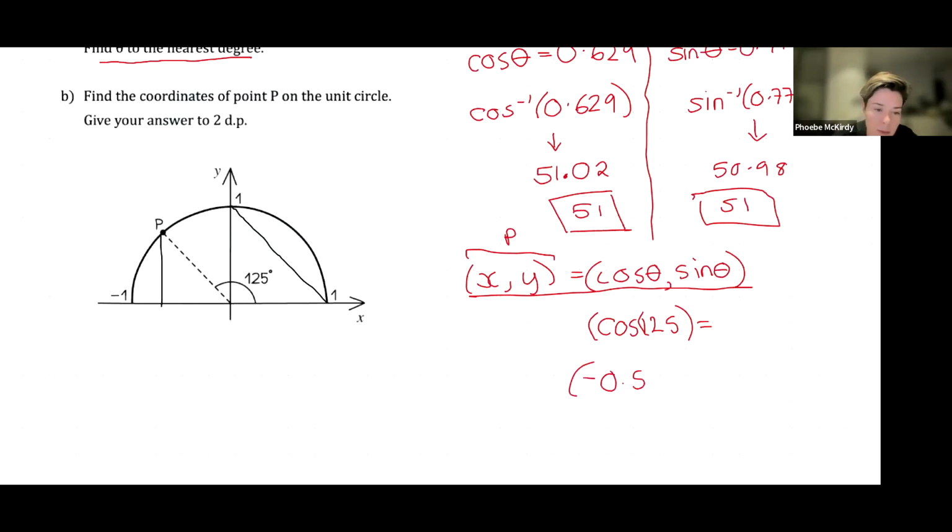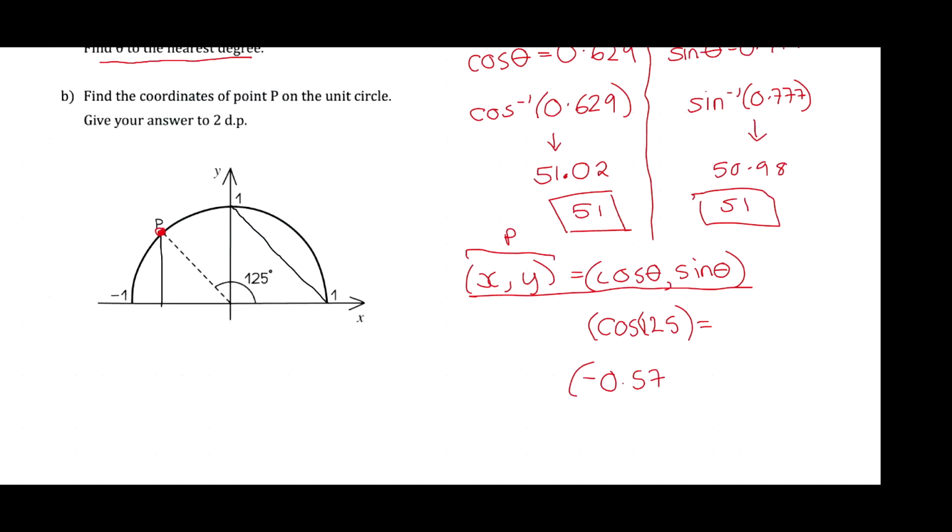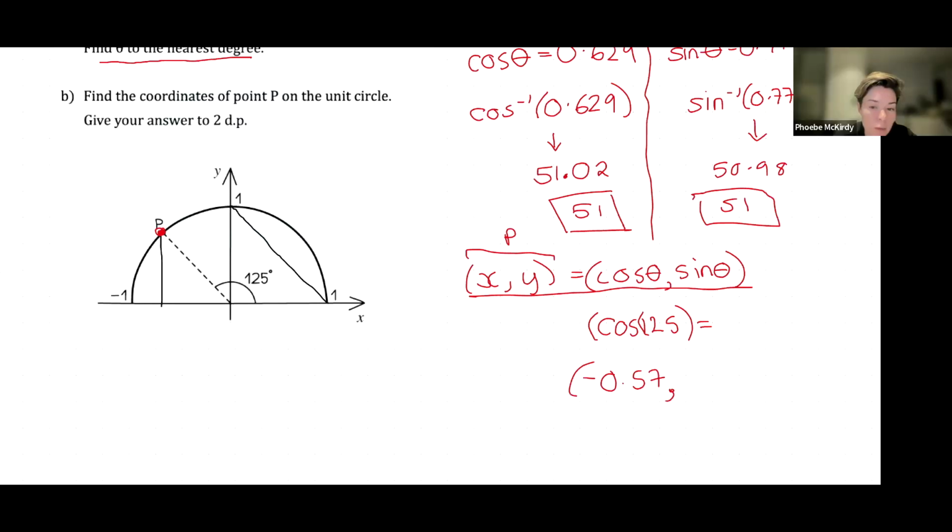Let's look at that in terms of the x value. If it's P here, your x value will be negative and it will be less than 1. Does that make sense? Your sin value should be between 0 and 1, but positive. So do sin 125, which is 0.8149, but to two decimal places, it'll be 0.81.